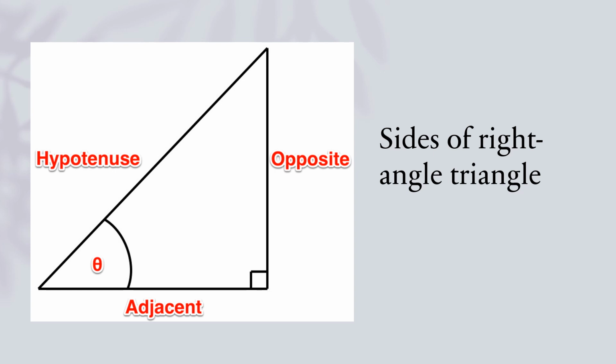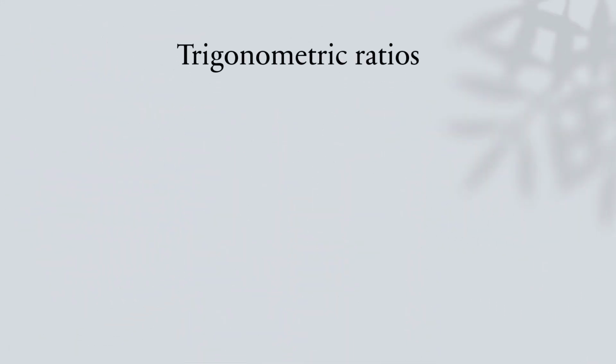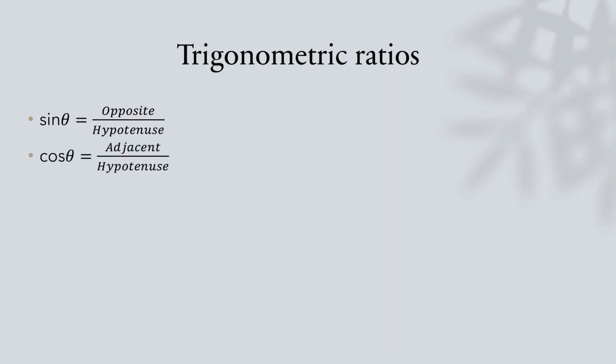So now, when we get into identifying the angle, say for example you have sine theta, that will be equal to opposite side by the hypotenuse. Then cos theta is equal to adjacent side by the hypotenuse.